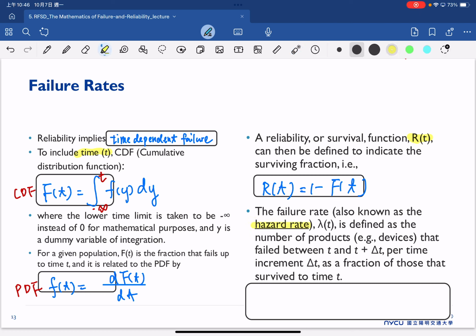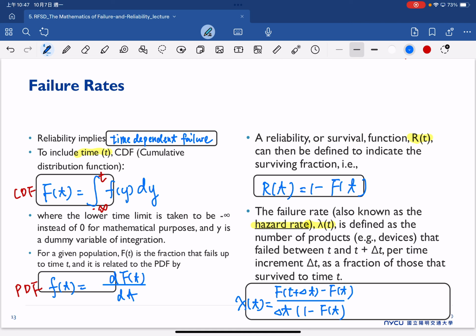The hazard rate lambda t is equal to F(t plus delta t) minus F(t), the CDF value in this small delta t, but we also have to divide by 1 minus F(t).